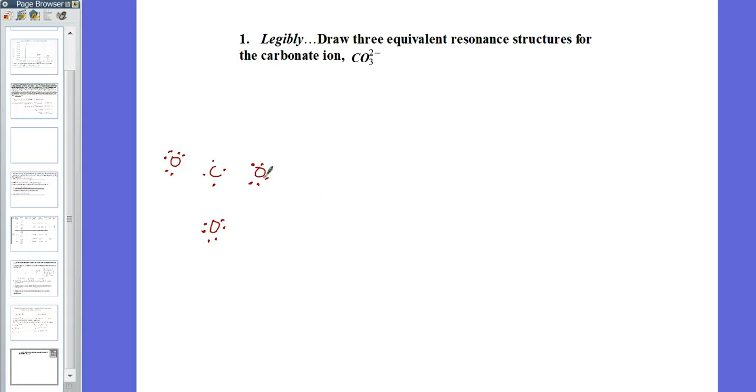And now you're going to try to fix those in bonds where you can complete octets for everything. So if you push electrons around, you'll end up with a double bond to one of the oxygens, where carbon can contribute 2 electrons and oxygen can contribute 2 electrons.